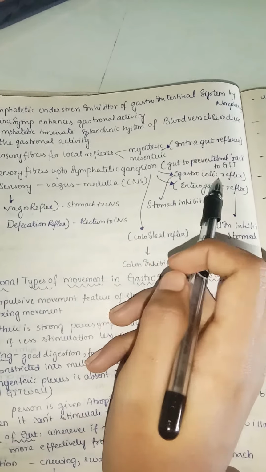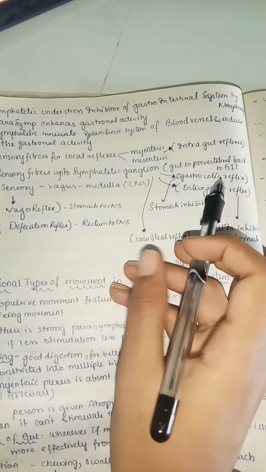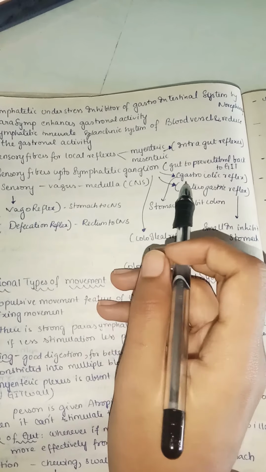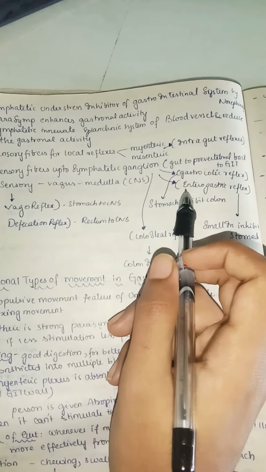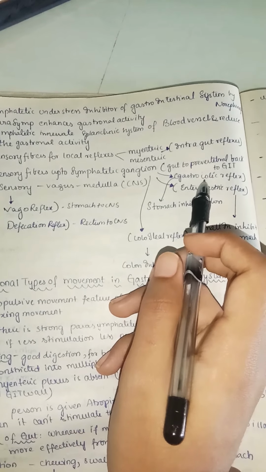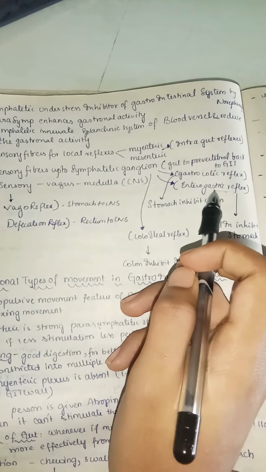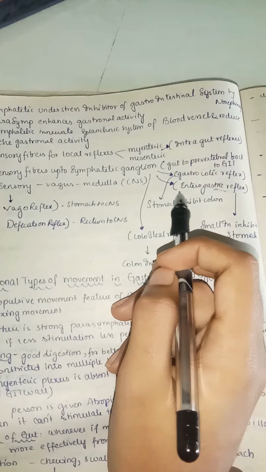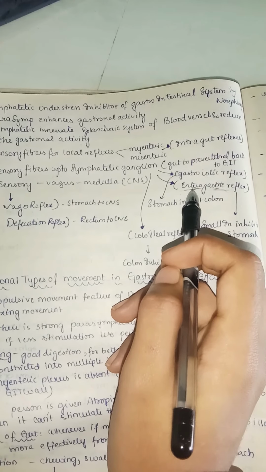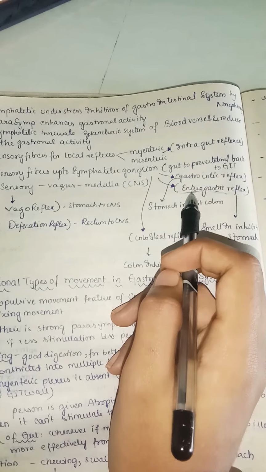What is gastrocolic? If the gastric system is full, it will block the colic system, as there is a lot of food here. Whenever there is a lot of food in the colon, the gastric side is inhibited. And enterogastric: whenever in the small intestine there is a lot of food, then the stomach side is inhibited.